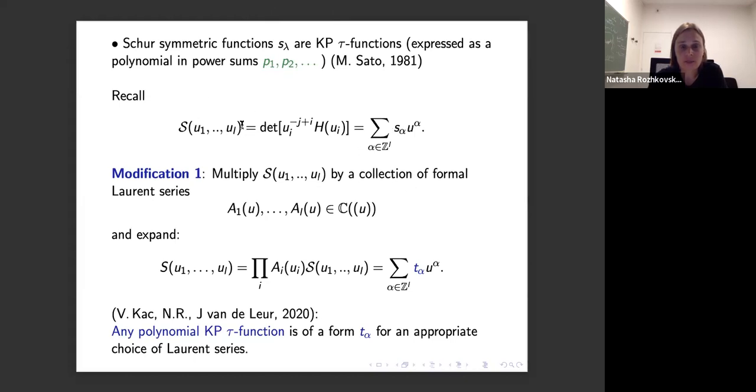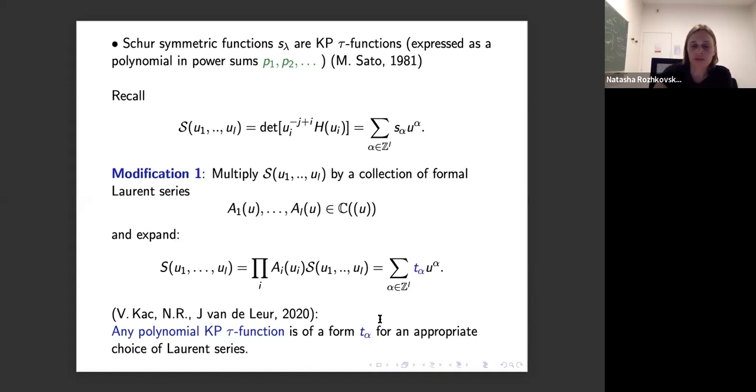Let us take this S(u), which encodes Schur symmetric functions, and take a collection of complex valued Laurent series. We multiply by the Laurent series and re-expand. We get some new coefficients which are going to be linear combinations of these.